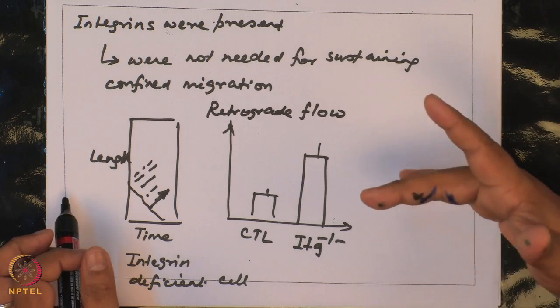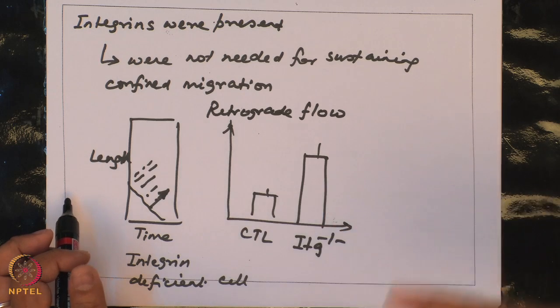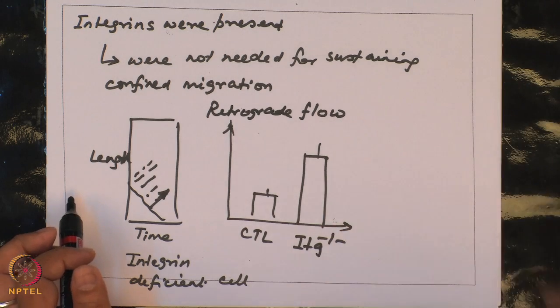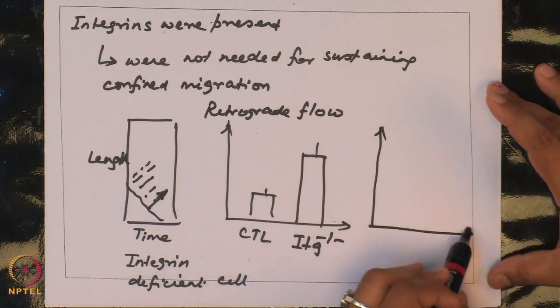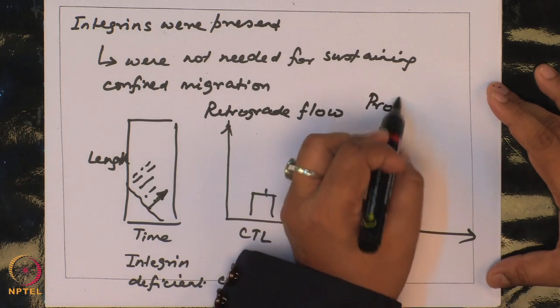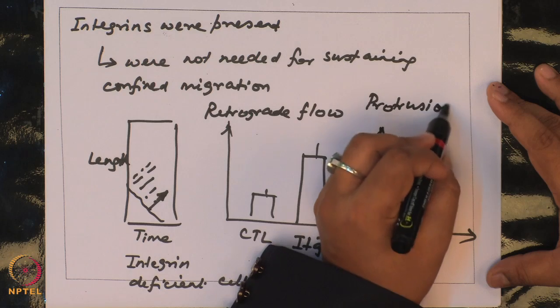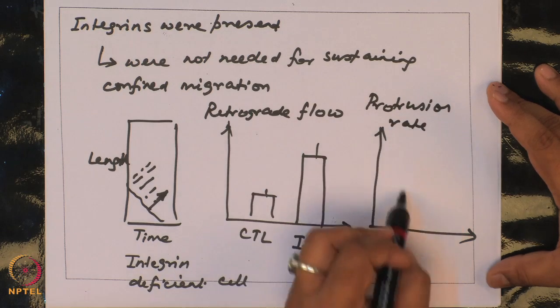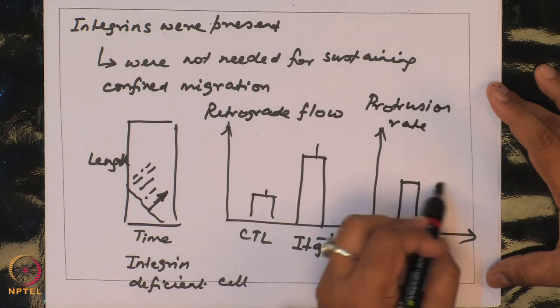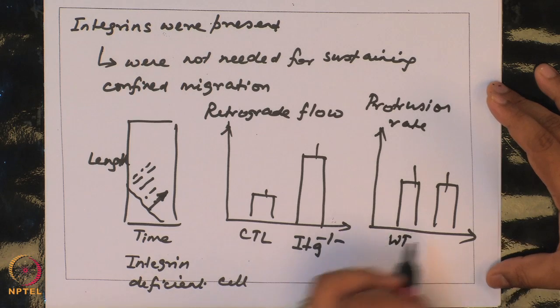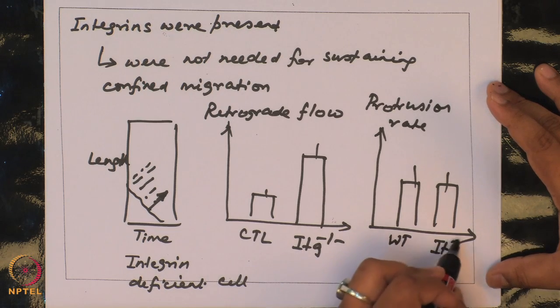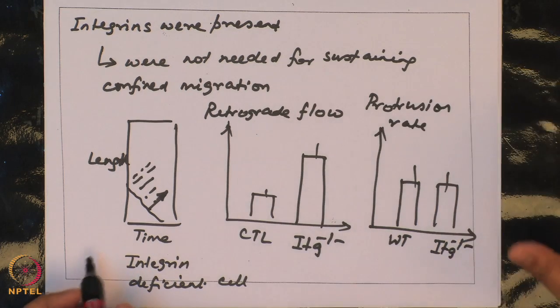So, they then asked, this higher retrograde flow, what about the protrusion rate? Surprisingly, the protrusion rate between control and integrin null cells was the same. This is your wild type or control and this is your integrin null cells. So, same protrusion rate.